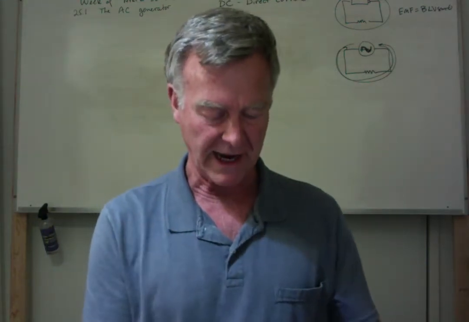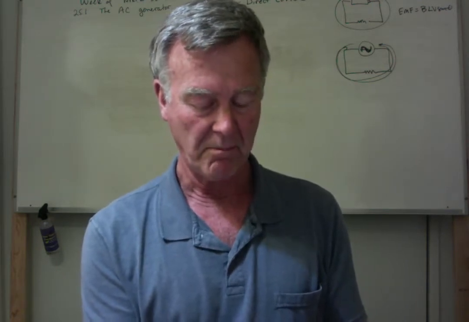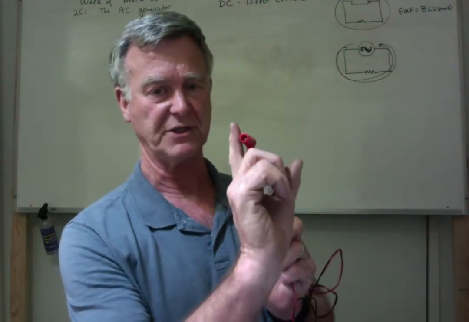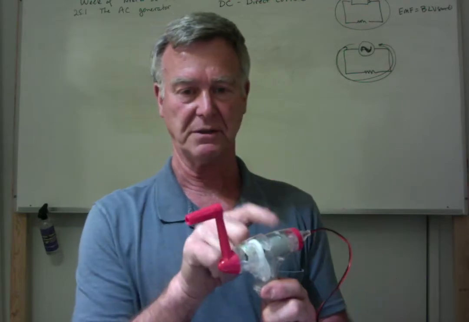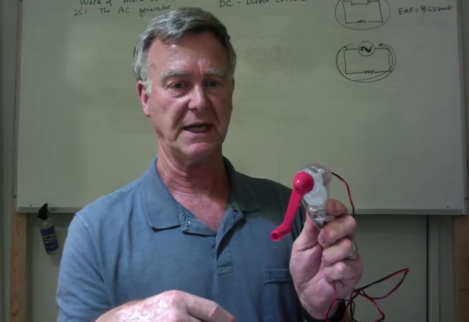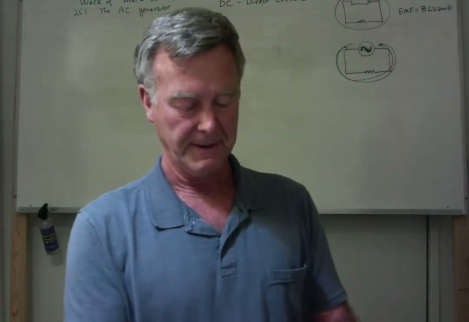But now watch what happens if I connect these together. By the way, when I spin this around, what I'm trying to show you with this demonstration is that there is a little bit of friction trying to turn this motor, but I'm not creating any electricity. And so that'll spin around. Sometimes I can get it to go around maybe 3 times.